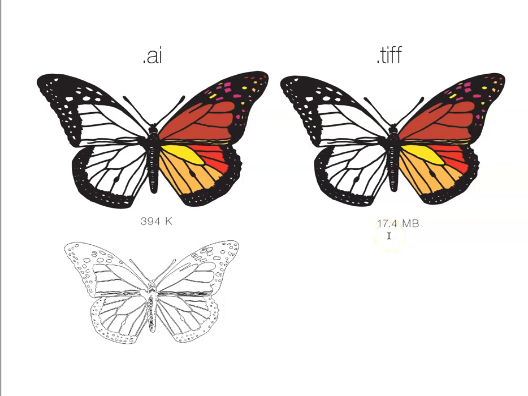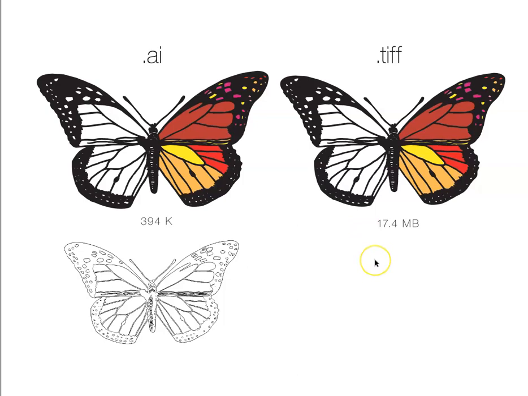This butterfly, this TIFF, is only going to look good at this size. If we were to take this up really large, remember, resolution is how big the pixels are, as we enlarge those pixels, you start to see that weird stair-stepped edge around the outside of your image, and it isn't going to look nice and smooth.